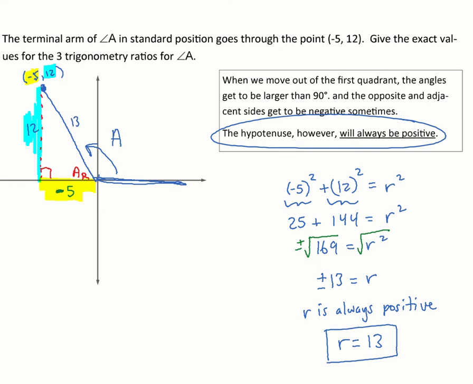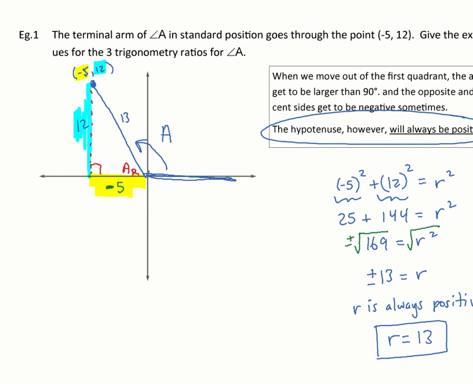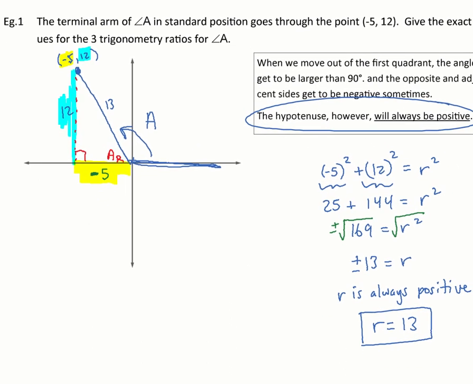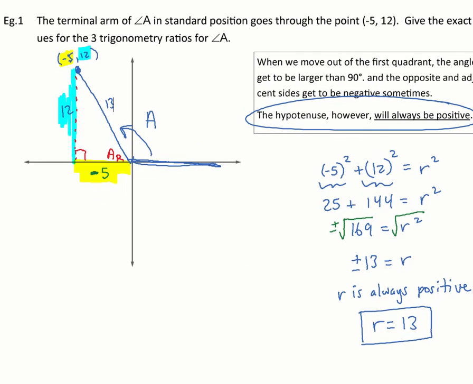All right, so now that we have the three sides of our triangle, we can give the exact value of the three trig ratios for A. So cosine of A. Now, even though A is this big angle here that opens into the second quadrant, we can still use the reference triangle to get the numbers to make our cosine ratio.